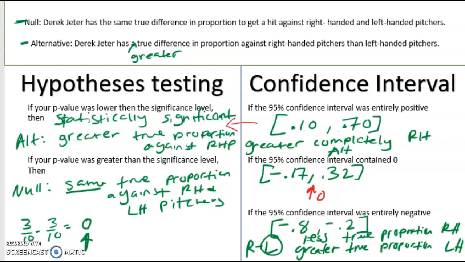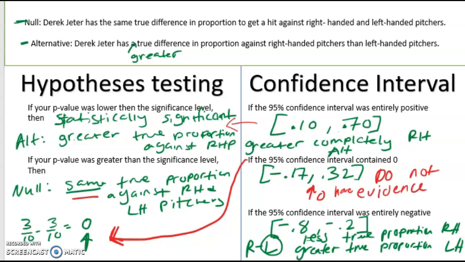That means that in some case we think it's possible that they could have the same true difference in proportion, which links directly up to what we talked about when we said that if your p-value was greater than the significance level, this means that we have evidence of the null. So anytime that you have a negative to a positive, that means your interval contains 0. So you do not have evidence of a change, so you do not have evidence of a greater or a lesser true proportion. Hope you can read that, sorry.